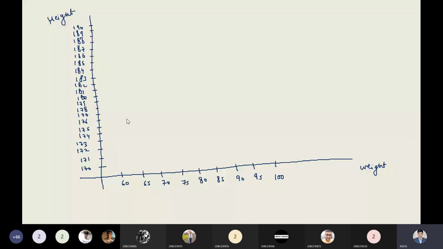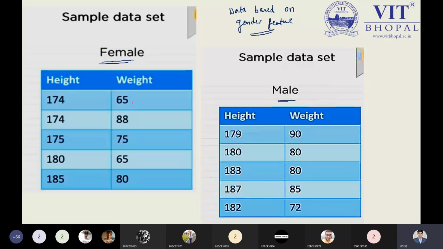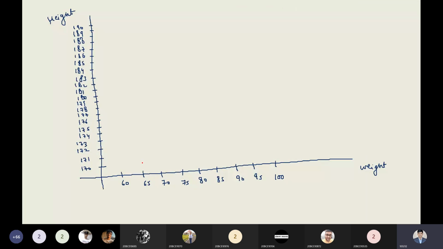Now let us change the color. With red color I'm taking the female group. When we have weight 65, then height is 170, so this will be one point.